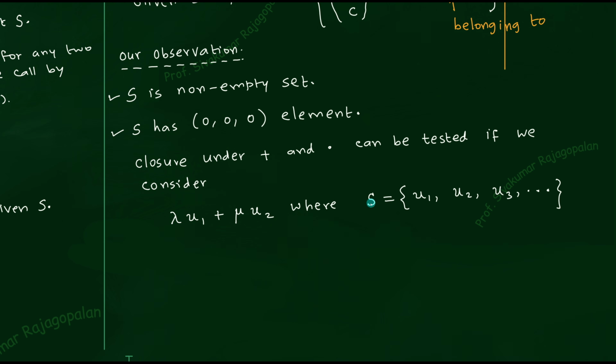And similarly, now you see that the set is going to have a large number of elements written down like u1, u2, u3. In such a situation, I can create a scalar multiplication because of this particular term, and at the same time I want to consider the closure under addition, and therefore I have to add another quantity. This kind of addition is what is known as linear combination.